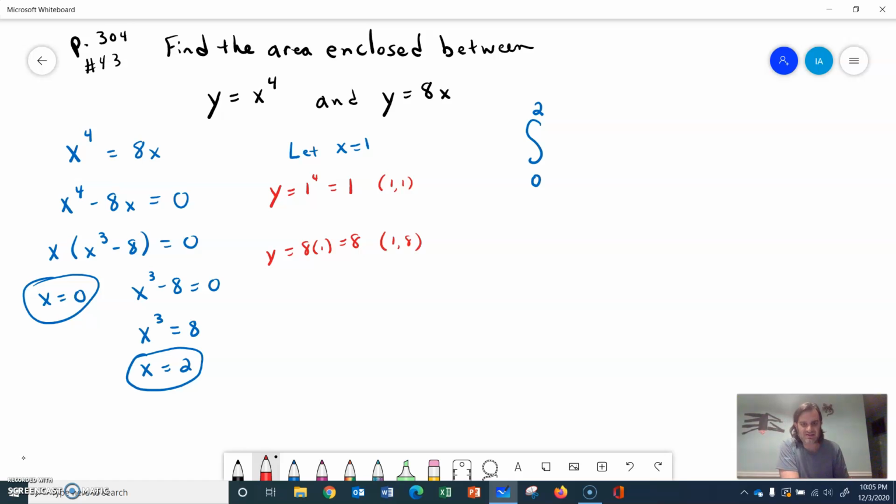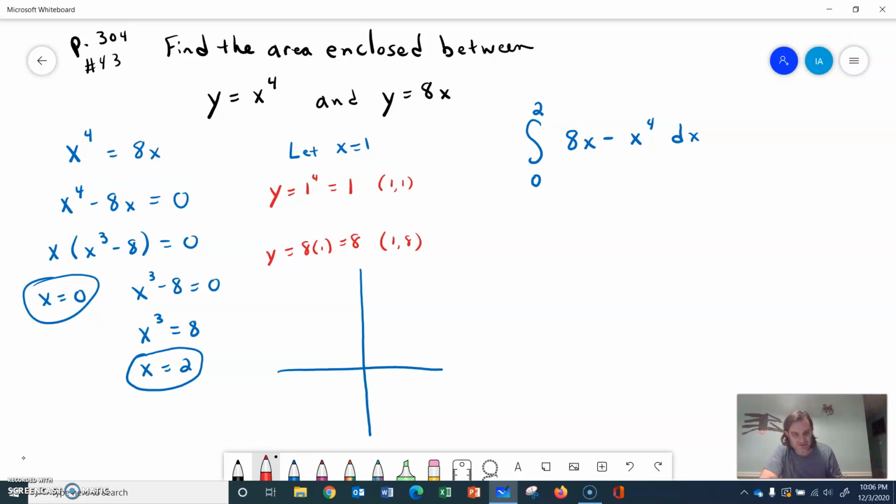So when x is 1, the y value is bigger for the second one, which means the second graph is on top. 8x is the top layer, minus x to the fourth as the bottom layer, and that'll be dx.